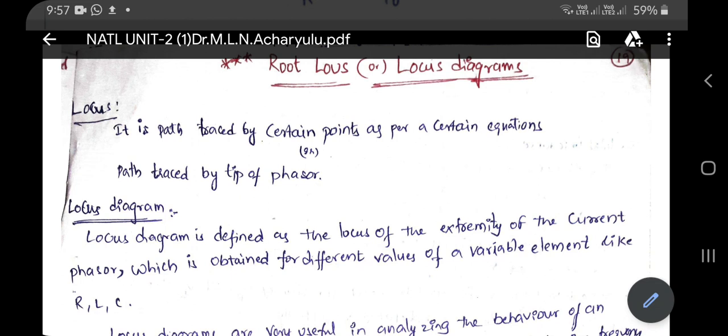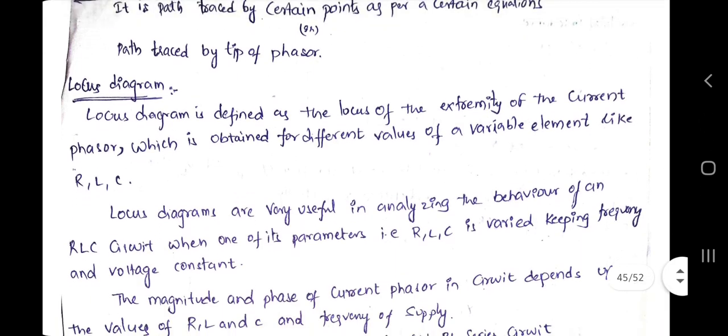So the locus diagram is defined as the locus of the extremity of the current phasor obtained for different values of R, L, and C. Locus diagrams are very useful in analyzing the behavior of RLC circuits when one of its parameters is varied.